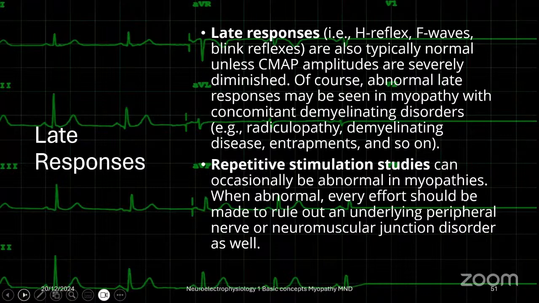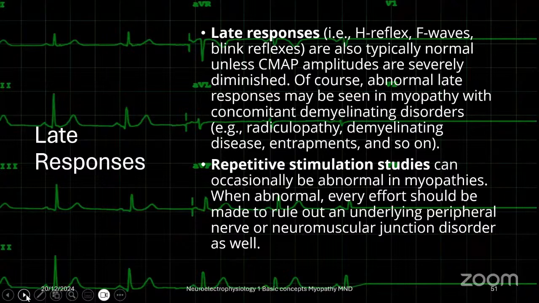Of course, abnormal late responses may be seen in myopathy with concomitant demyelinating disorders, radiculopathies, entrapments, and so on. So you have to be very cautious in interpreting this whenever you encounter a demyelinating disorder along with myopathy. In that case, there may be abnormalities in the motor nerve conduction studies as well as the late responses, that is F waves.